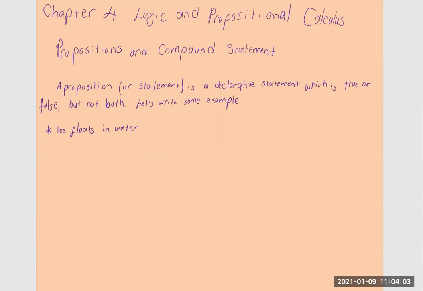And we can write as a statement: China is in Europe. And we can say more, like 2 plus 2 is equal 4, and 2 plus 2 is equal 5.